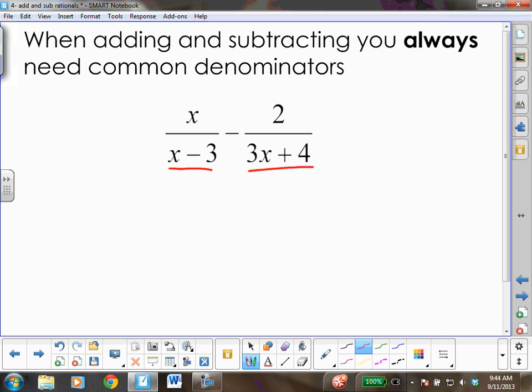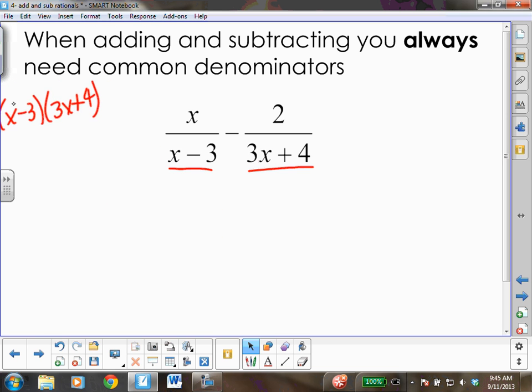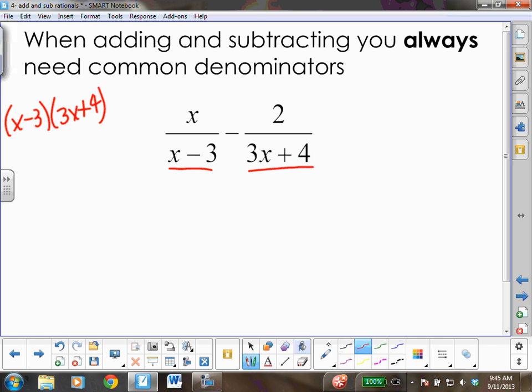It's a little bit more complicated than just multiplying by 2. The common denominator has to be x minus 3 times 3x plus 4. So looking at this first fraction, I see that it needs the 3x plus 4.